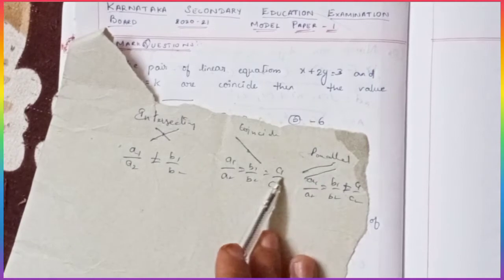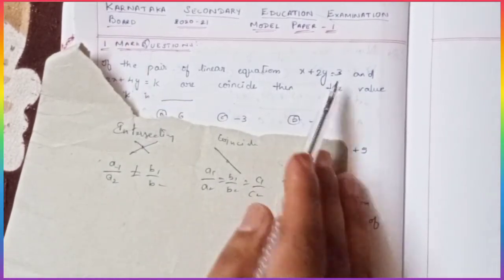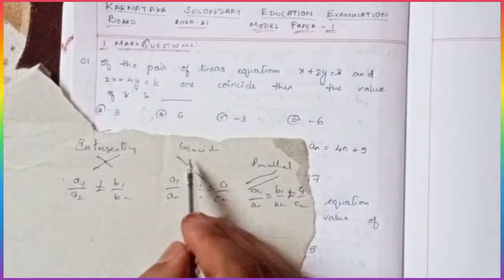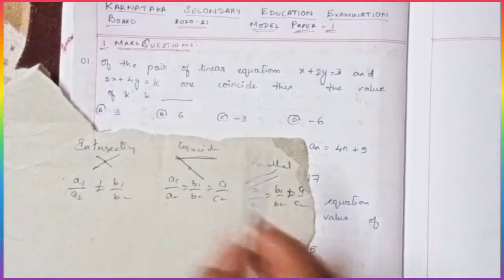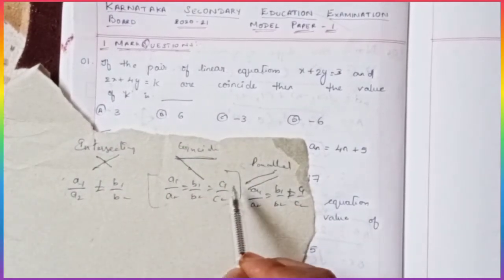a1, b1, c1 are the coefficients and the constant of the first equation. a2, b2 and c2 are the coefficients and the constant of the second equation. Since they are saying coincident, we will take a1 by a2 is equal to b1 by b2 is equal to c1 by c2.